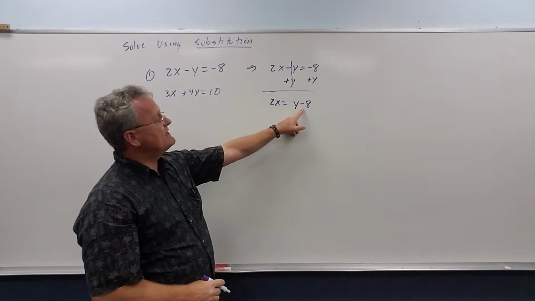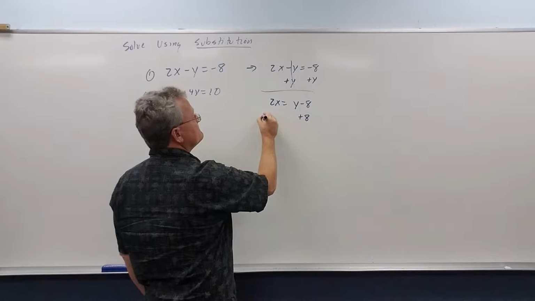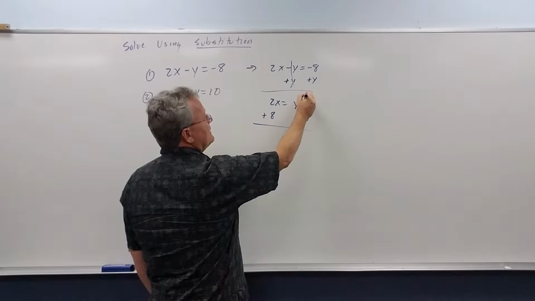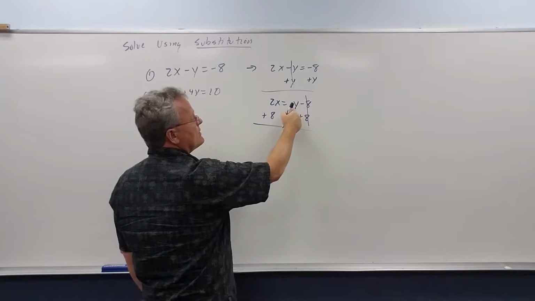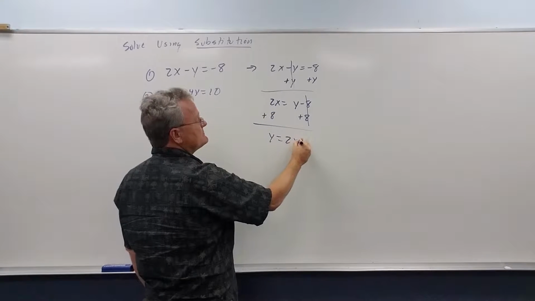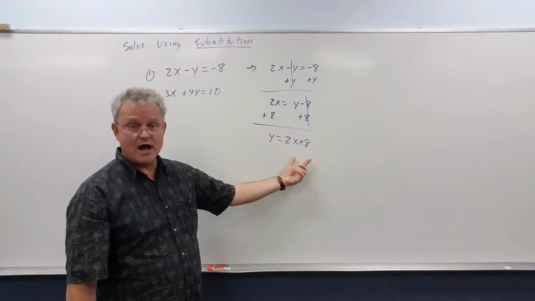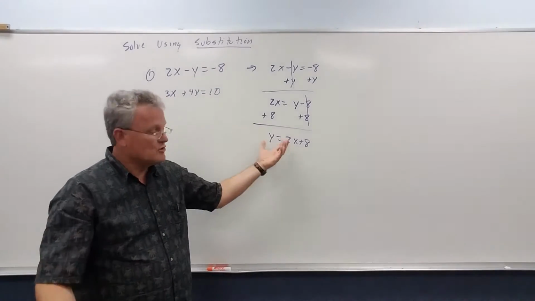Now to get y by itself, I add 8 to both sides. Those add up to 0, and we get y is equal to 2x plus 8. That's the same as 2x plus 8 equals y. I just switched them. No big deal.